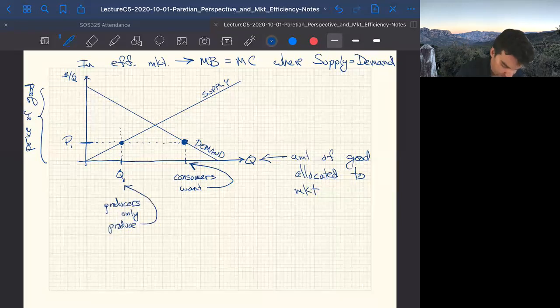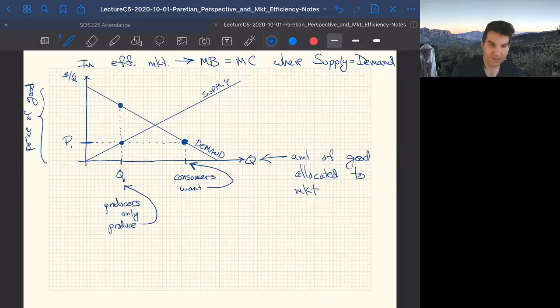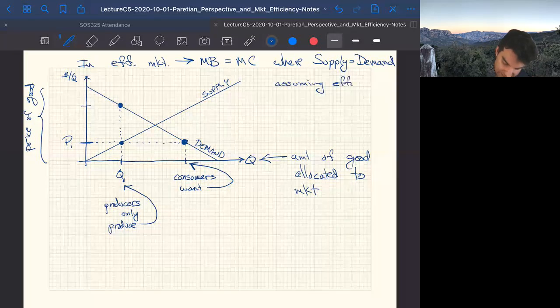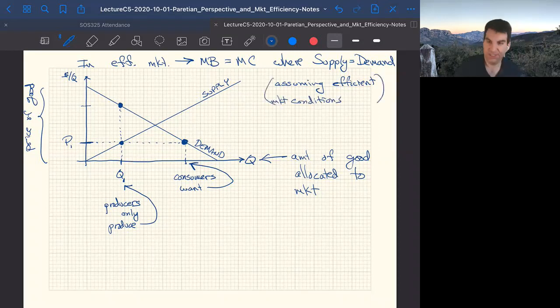And so at this particular price, this is the amount that's produced, which means that the consumers are left feeling a marginal benefit that is way up here. Assuming efficient market conditions, and I'll say what those efficient market conditions are, if not today, starting next lecture, the willingness to pay will be far above the actual price.